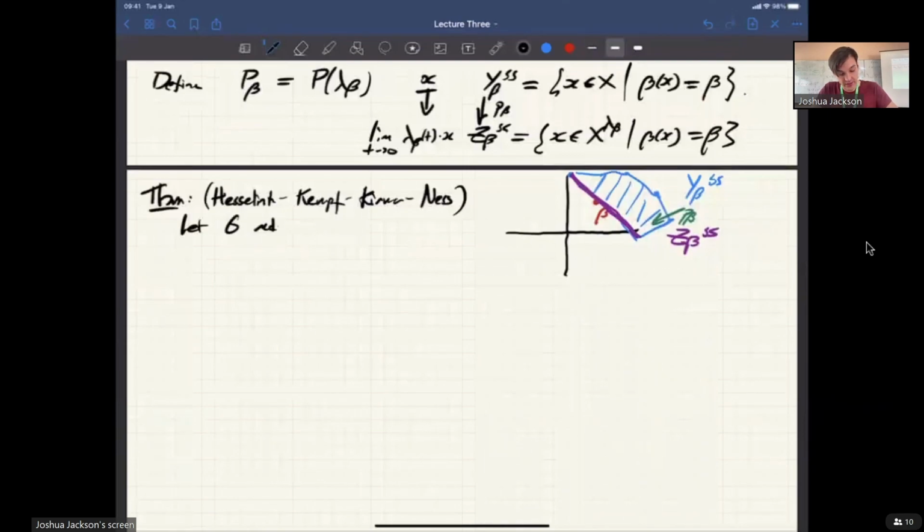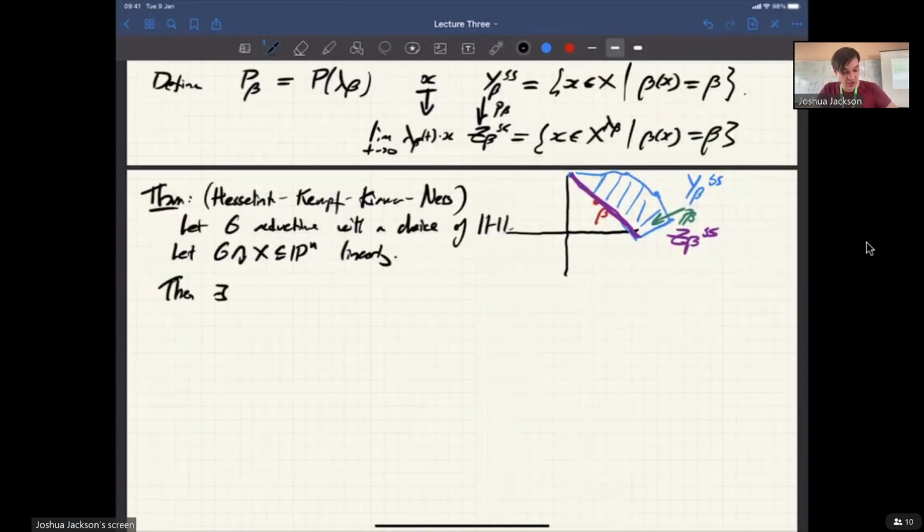Okay, so G is reductive as always, with a choice of this inner product here, which, if G is SL, I can just take the Killing form, and let's suppose that this thing is acting linearly on a projective variety. Okay, and then the theorem says, then there exists a G-invariant locally closed stratification, which is called the HKKN stratification for obvious reasons, and it looks like this.